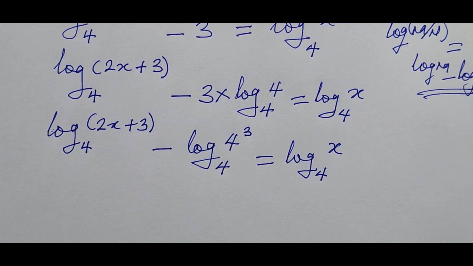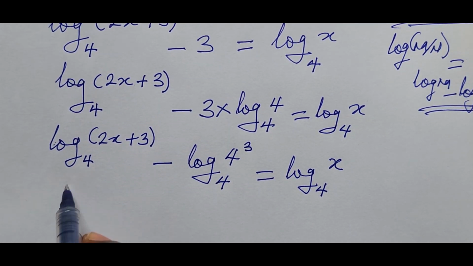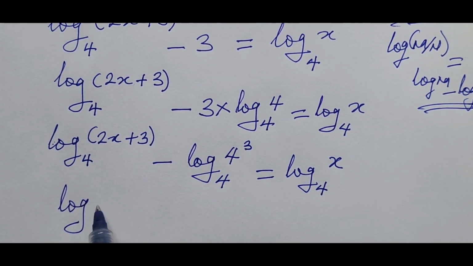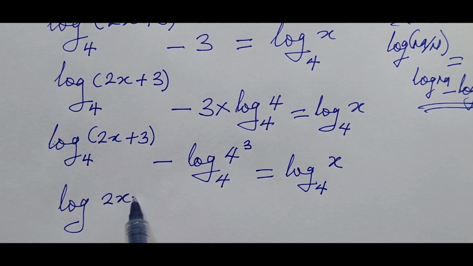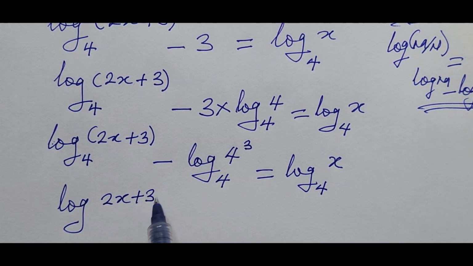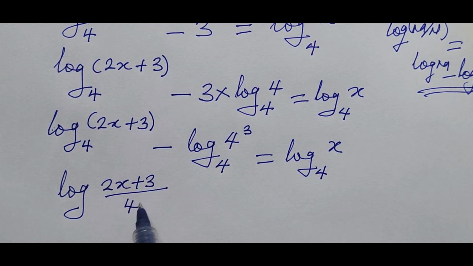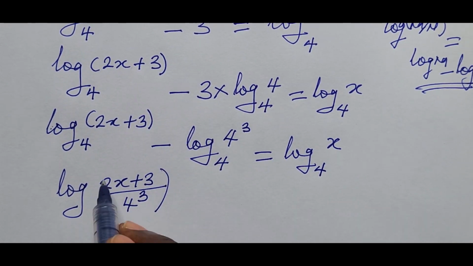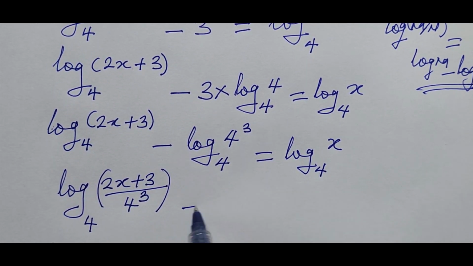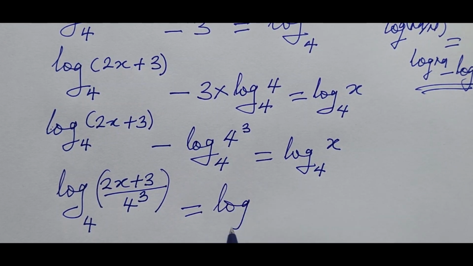Rearranging gives us log of (2x + 3) all over 4 to the power of 3, base 4, equal to log x base 4.